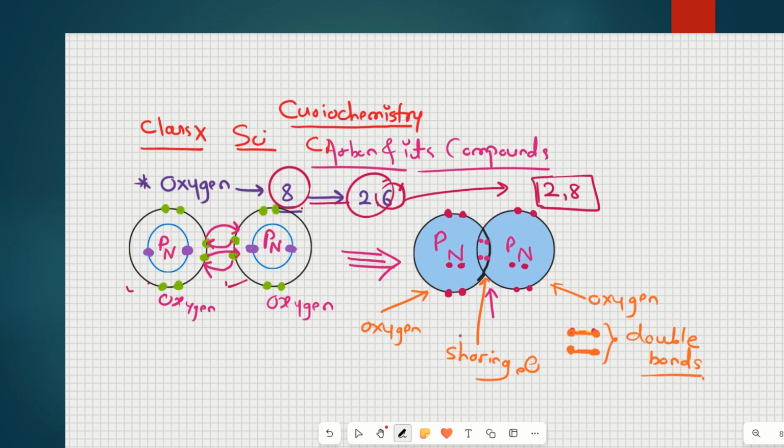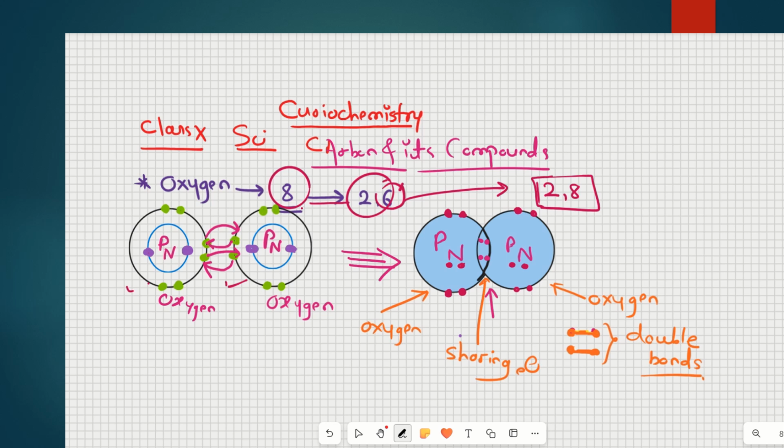So in oxygen, how many electrons are in the outermost shell? That is 6 electrons. We can easily figure this out by looking at the structure, and even by the electronic configuration for some elements.